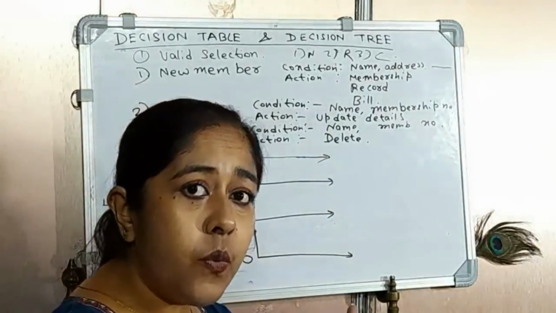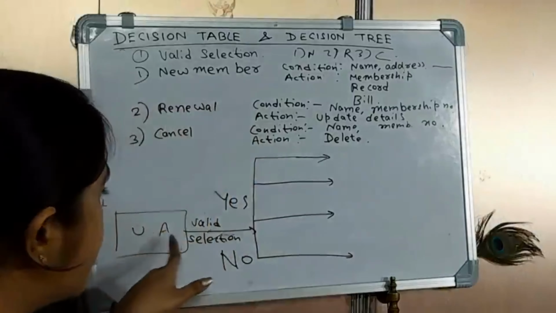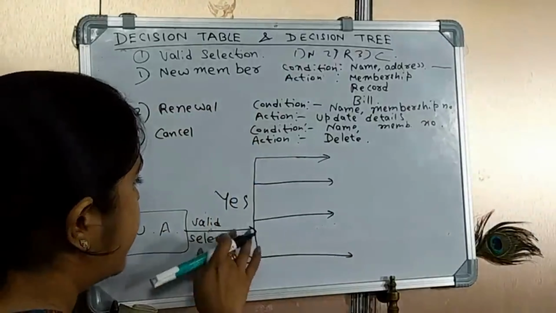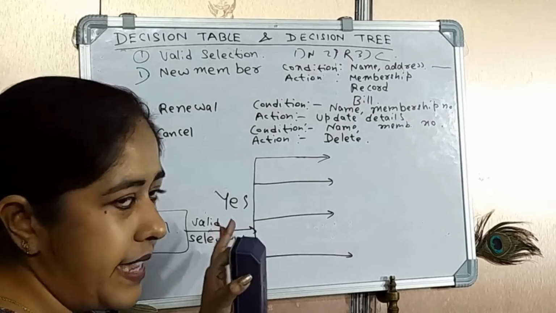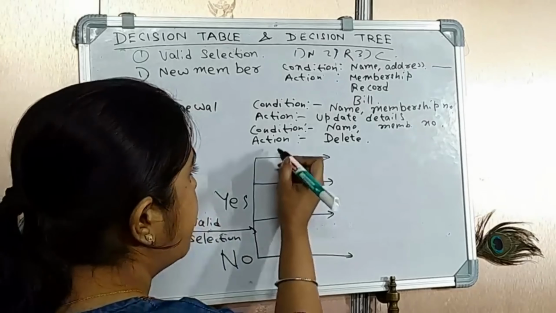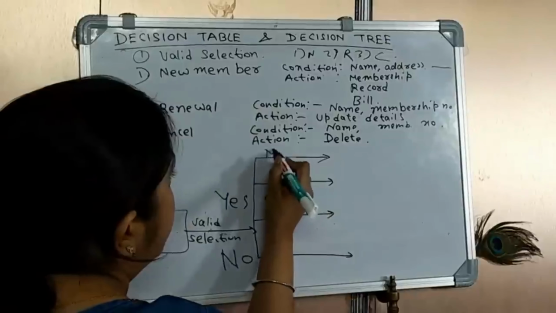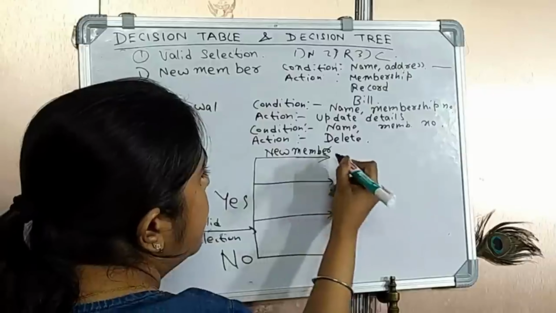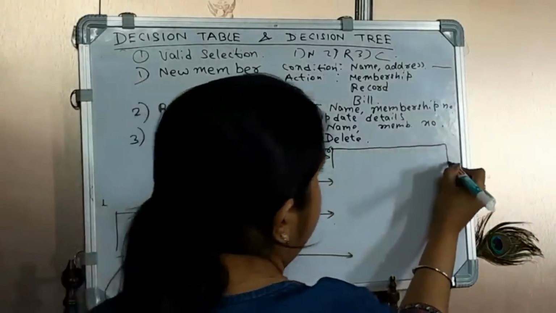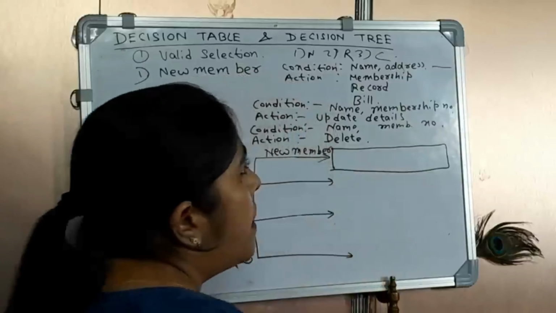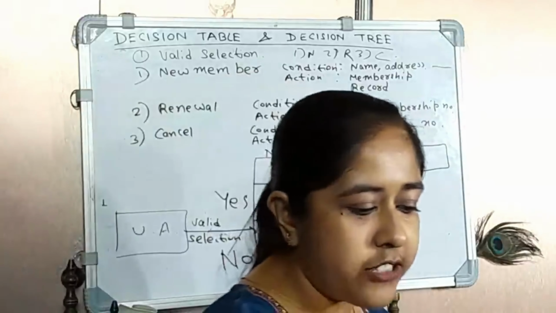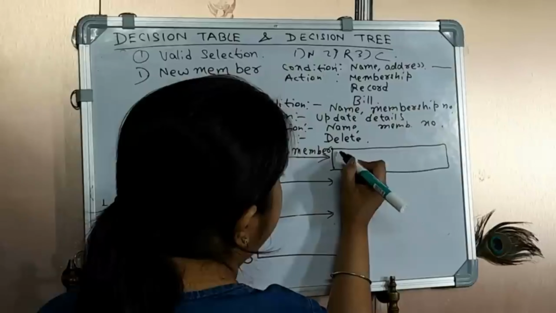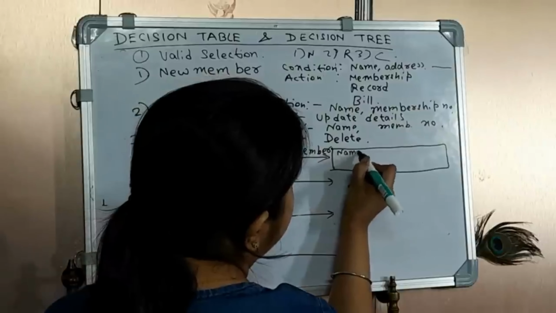First, if my user is giving a valid selection, that is yes or no. Yes, he is giving me a valid selection. What is my first selection? For a new member. New member, this is my first valid selection. For that selection, what will be my particular action? The action will be asking me for my name, address, etc. They will ask these details.